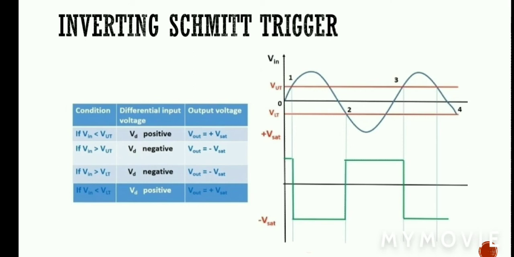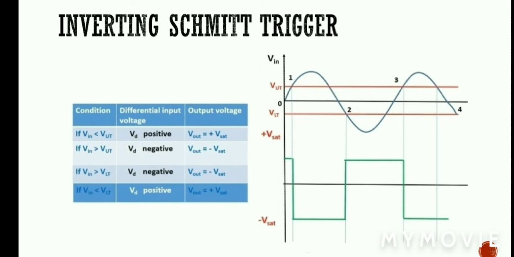But after point 2, Vin is smaller than VLT. So here the output voltage will be at positive V saturation. So we have positive saturation here. But after this peak point, Vin is increasing, input voltage is also increasing. So our reference voltage will be VUT. So from this peak point to point 3, Vin is smaller than VUT.